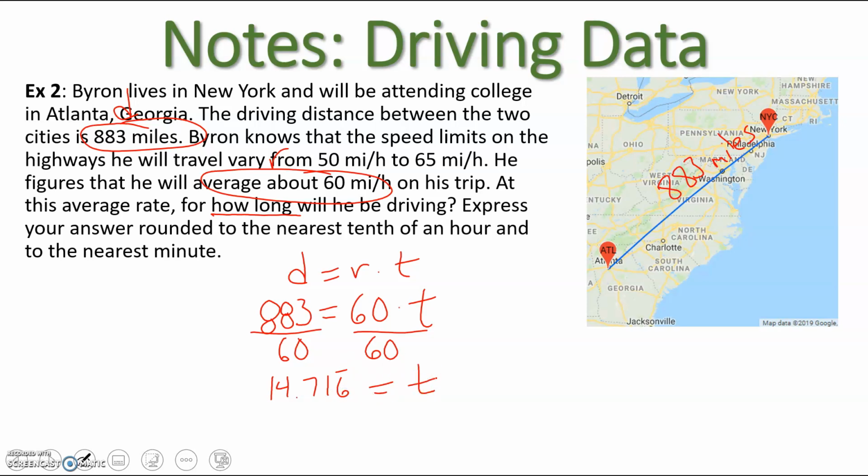Okay, now we want our answer to the nearest tenth of an hour and ultimately to the nearest minute. So we have here 14 hours, and then we have this 0.716 repeating, right?